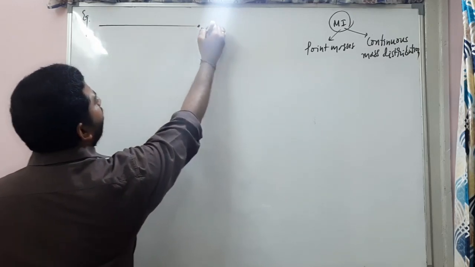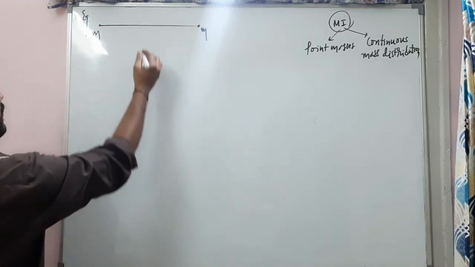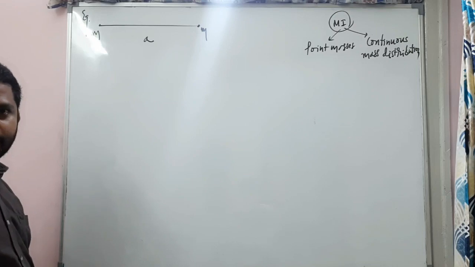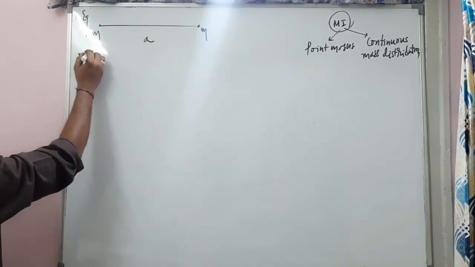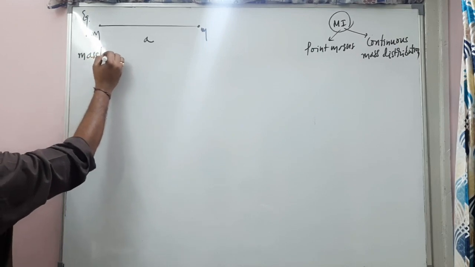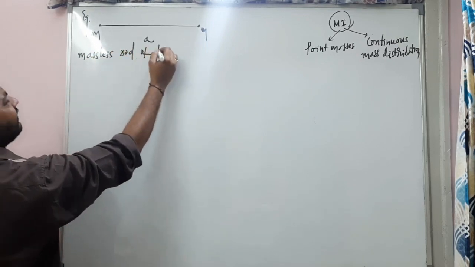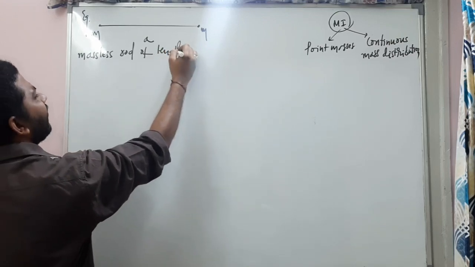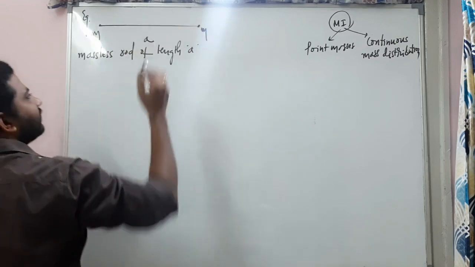So there are 2 point masses kept here, at a distance A. They are connected by a massless rod of length A between this mass and this mass.